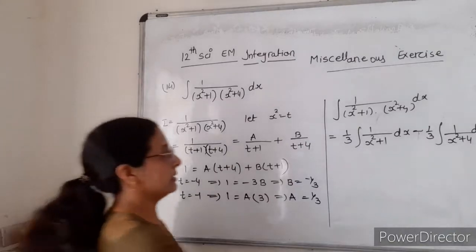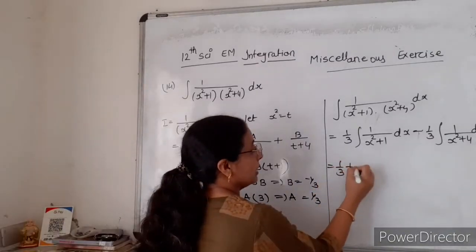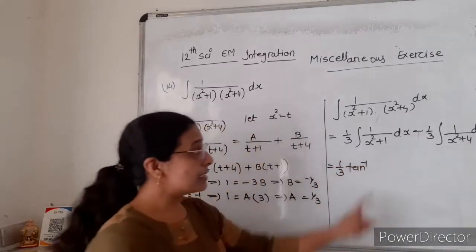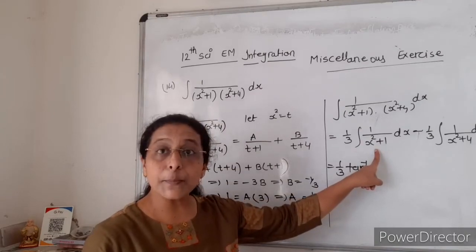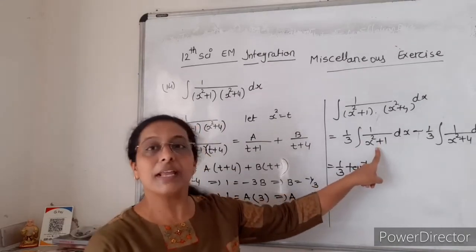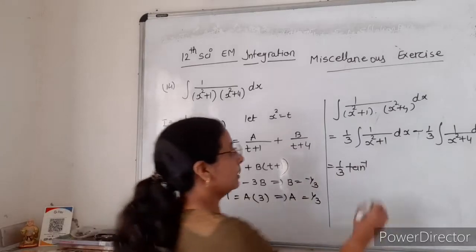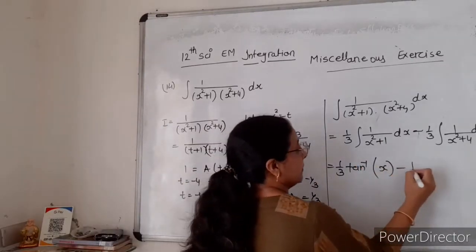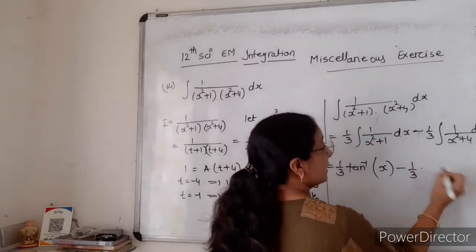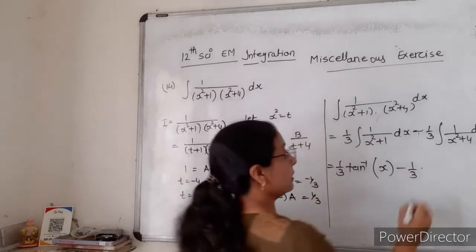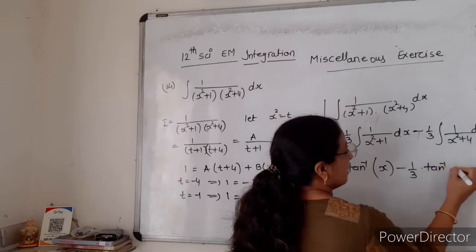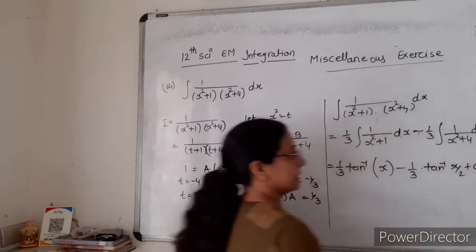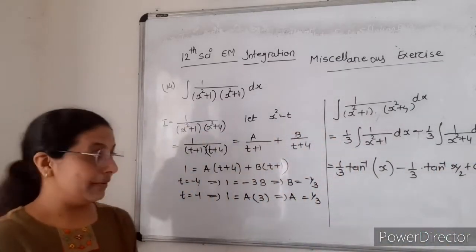Right? Yes. Therefore 1 by 3 tan inverse, this is the formula, x square plus 1 is the formula of tan inverse. Therefore, tan inverse x by 1, that is x, minus 1 by 3, tan inverse x by 2, plus c. This is our answer, right?